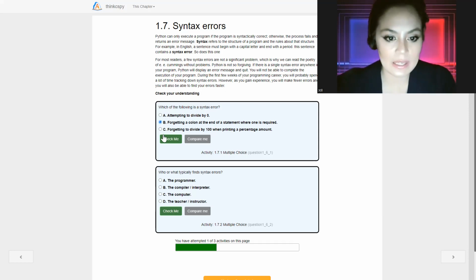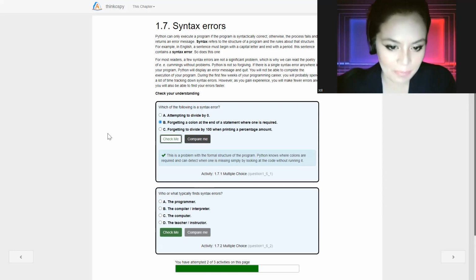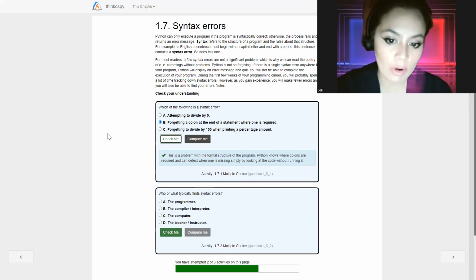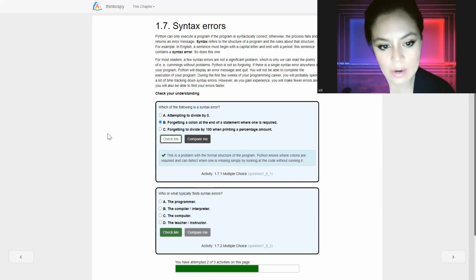I would think it would be B, forgetting a colon at the end of a statement where one is required. This is a problem with the formal structure of the program.